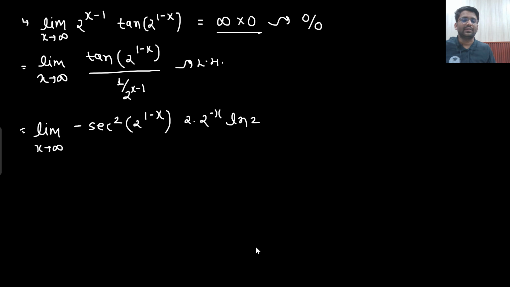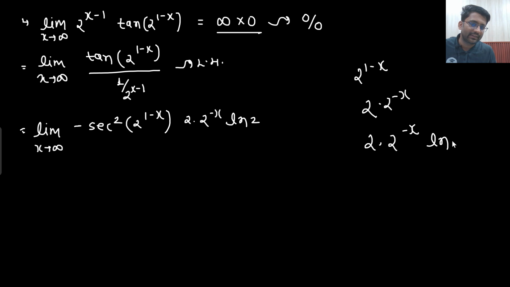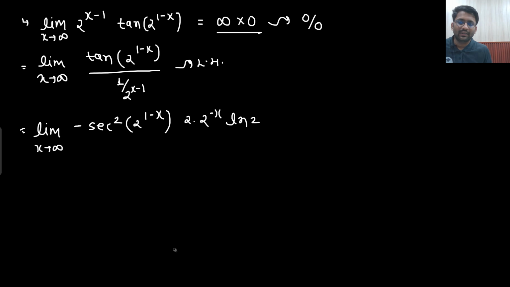Basically I need to differentiate 2 to the power 1 minus x. So 2 into 2 to the power minus x I can write down. 2 as it is, this is a to the power x, ln a, and the differentiation of minus x will be minus 1. So 2 into 2 to the power minus x ln 2, then minus sign outside. Now downward, what is written? This expression could be written as 2 to the power x minus 1 is there.